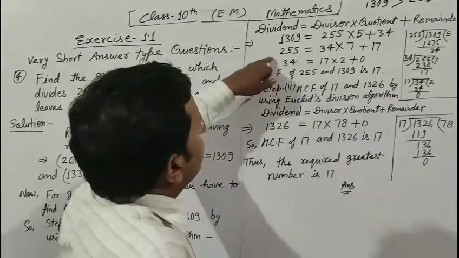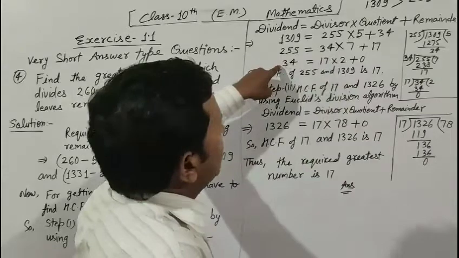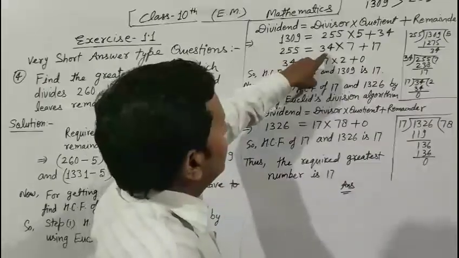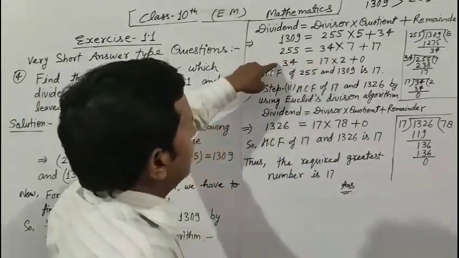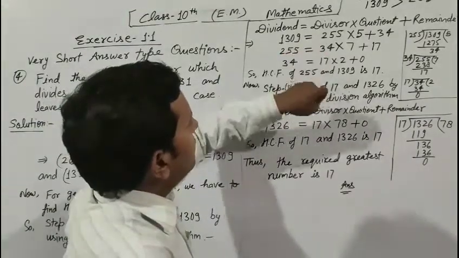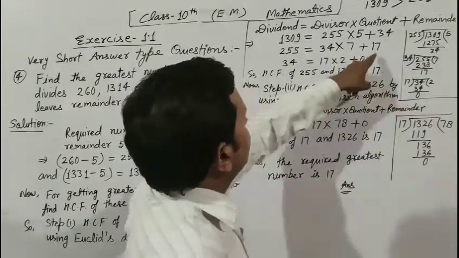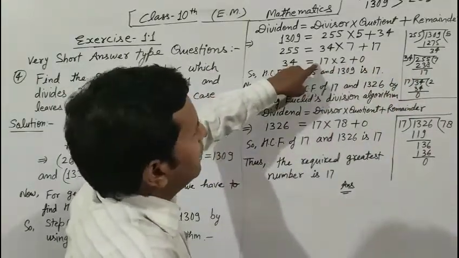Now in the third step, again the divisor becomes the dividend. 34 was the divisor, so now it becomes the dividend, and the remainder 17 becomes the divisor.